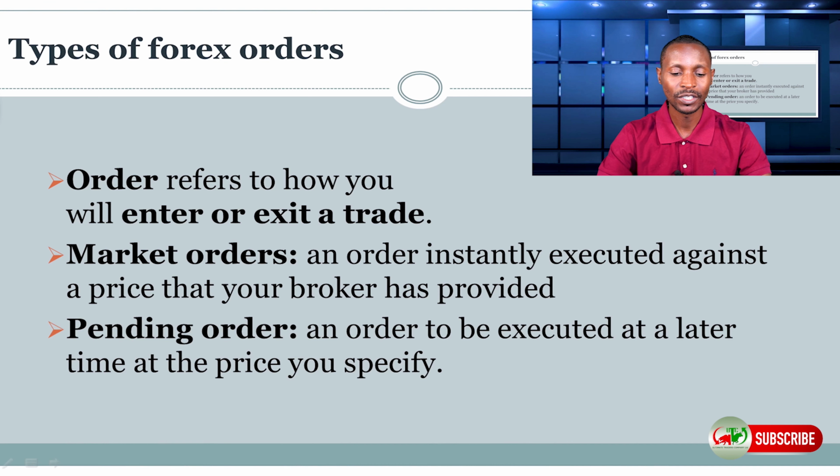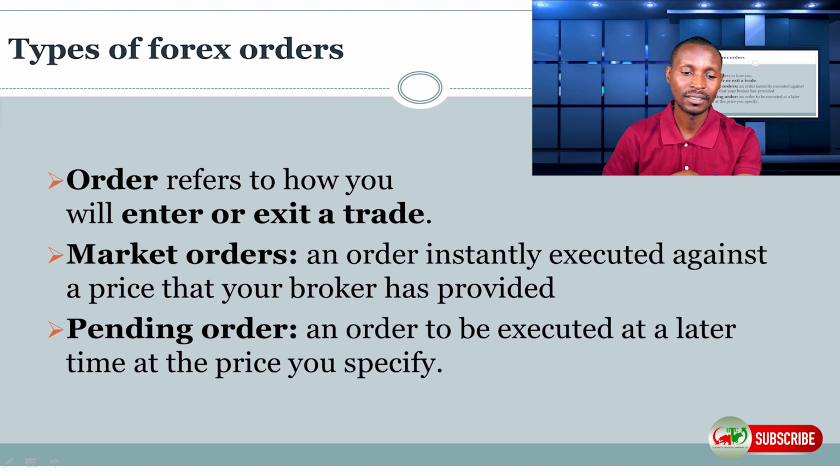The second type of order we have is what we call a pending order. A pending order is just an order that is executed at a later time at the price you specify.